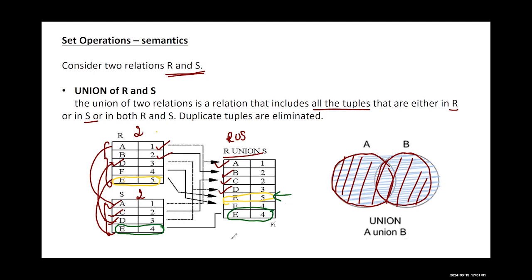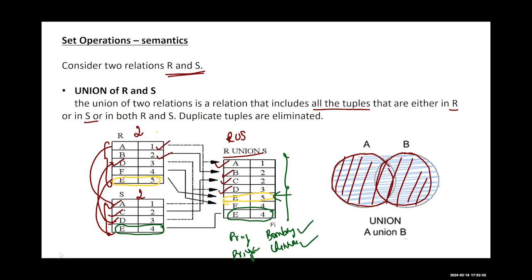So it can be possible that there is a person named Priya and her address is, for example, Bombay, and there may be another Priya whose address is Chennai. So we cannot say that these are duplicate. We will consider it as an individual. So that is what is happening here. Since the values are differing, we are going to keep both of them. This is our union operation. I hope this is clear.